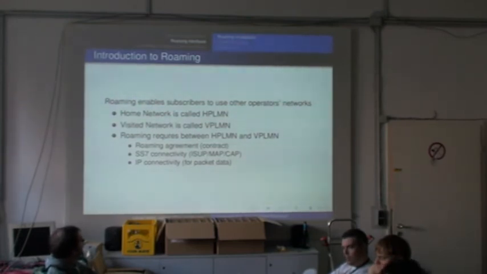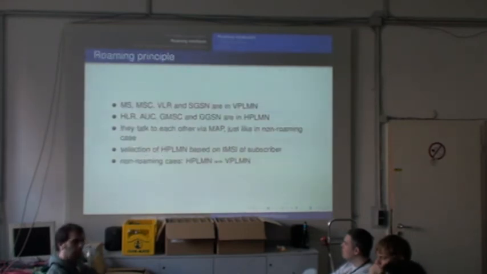But classic GSM, you only have ISUP, MAP, and CAP interconnection. And of course, you have to have the roaming agreement, which are all bilateral normally, so it's like a mesh of operators, each having contractual relationships. There are some roaming hub operators that act as intermediaries, but still it's lots of peer-to-peer, point-to-point agreements.